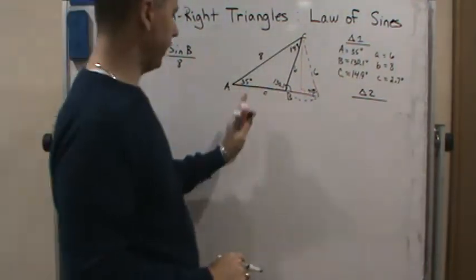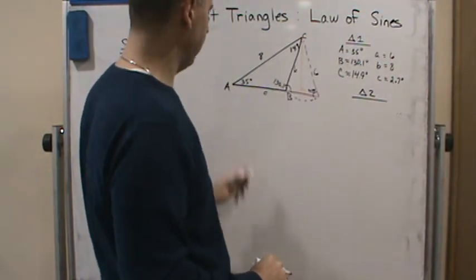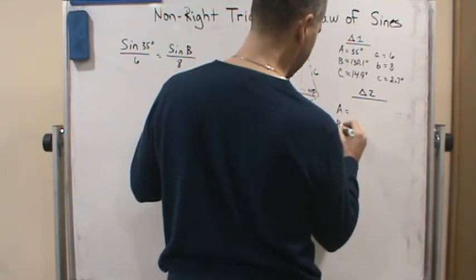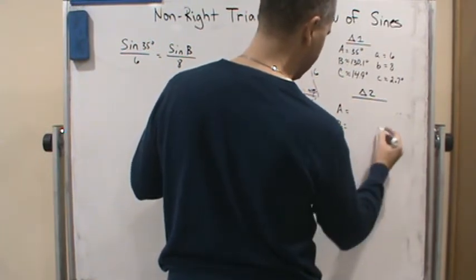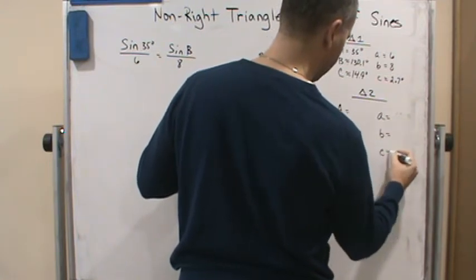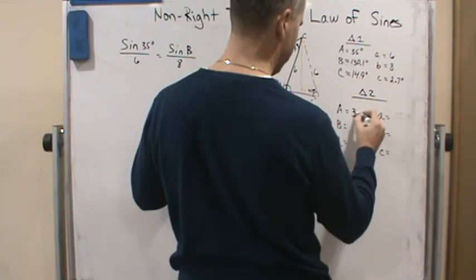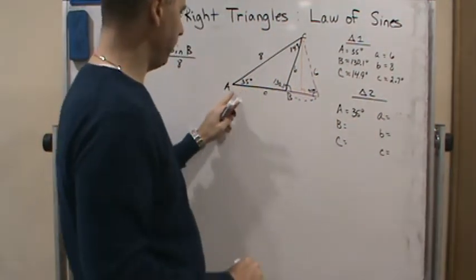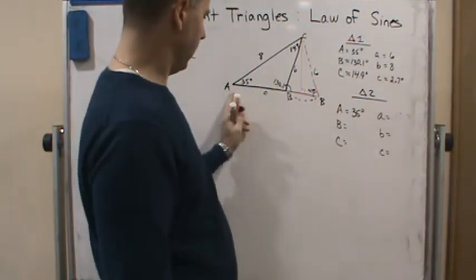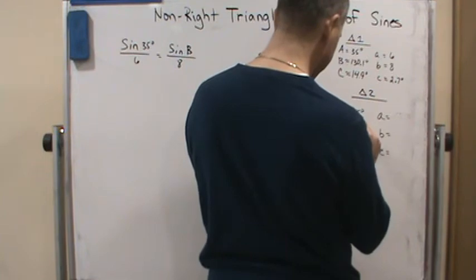The second triangle is this bigger triangle, if you will. Now let's do A, B, and C. A doesn't change. A is still 35 degrees. But B, if we swing over this way, B is 49.9 degrees.